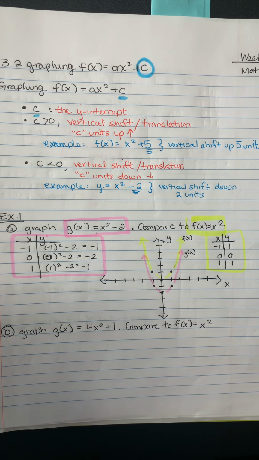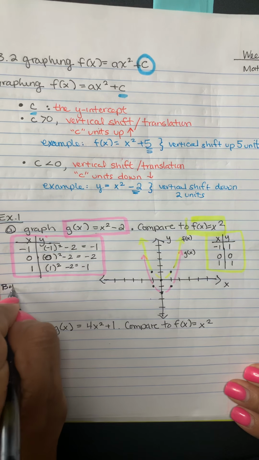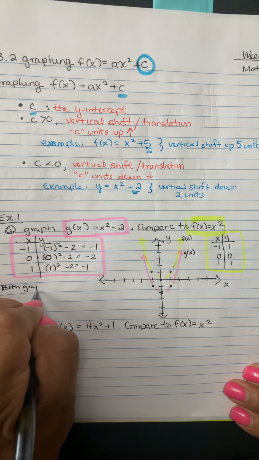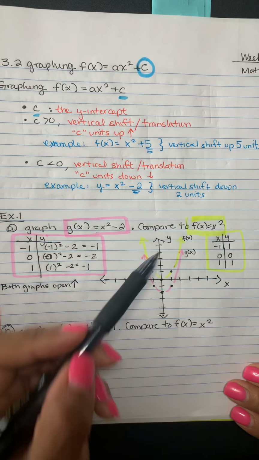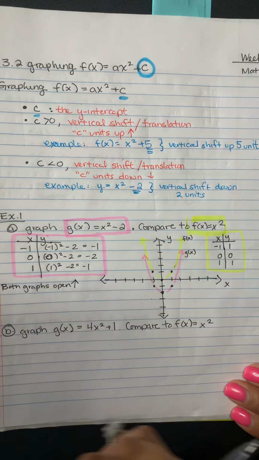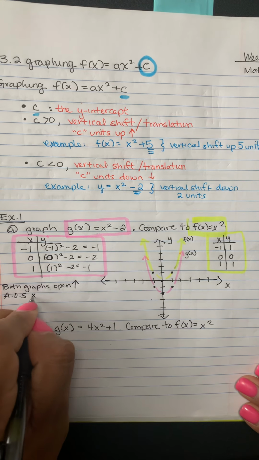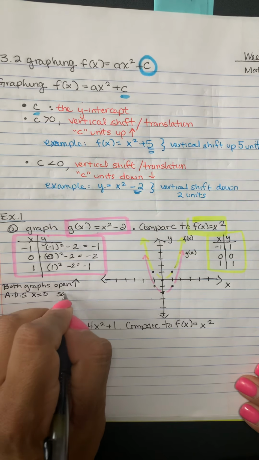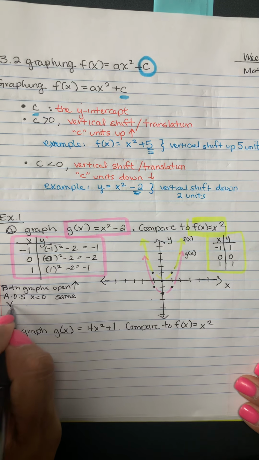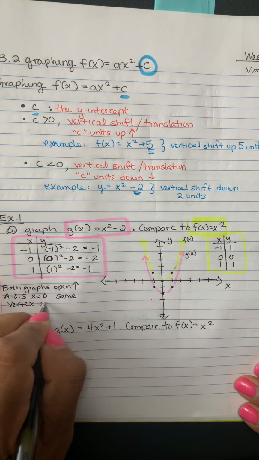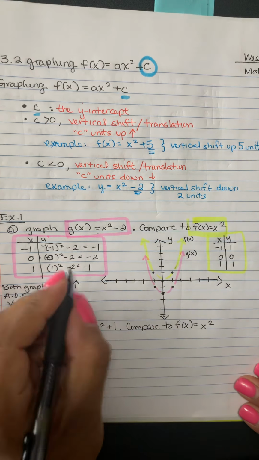Okay, so let's talk about this. Both graphs are opening up. The AOS, the axis of symmetry, is going to be the same. Okay, AOS is x equals 0. It's the same. Check this out. Vertex of f of x, the yellow graph, is 0, 0.